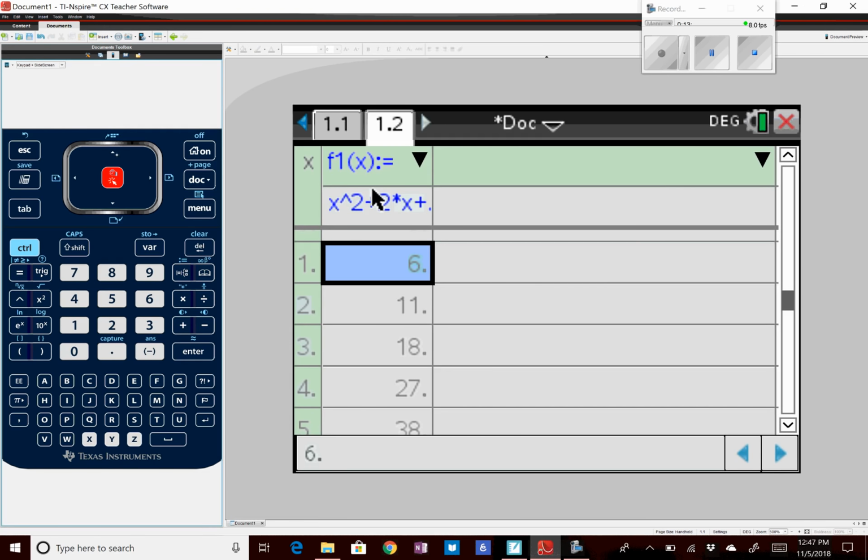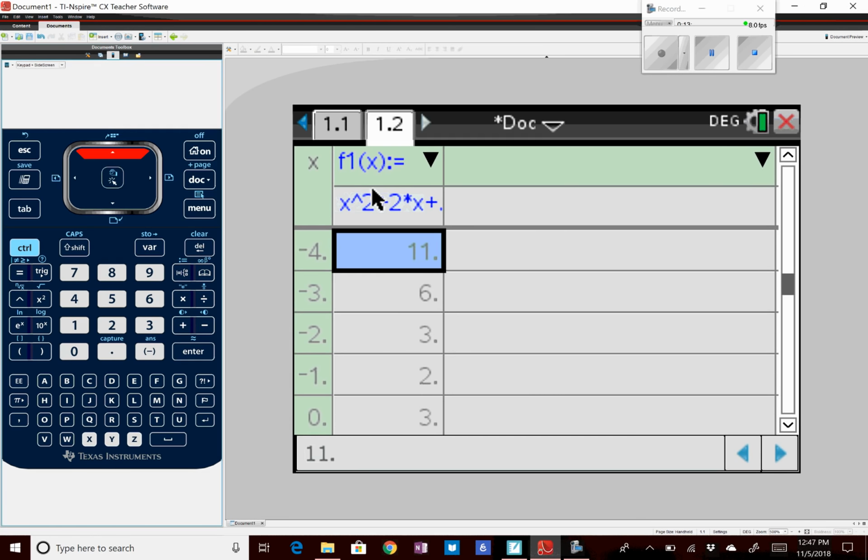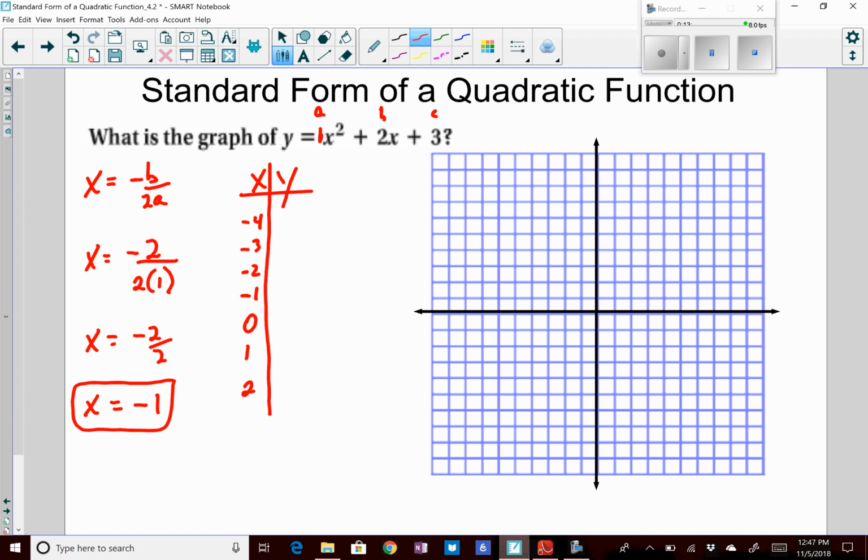So we'll just find that here, and we'll copy all the corresponding y values into our table. Our corresponding y values are 11, 6, 3, 2, 3, 6, and 11.